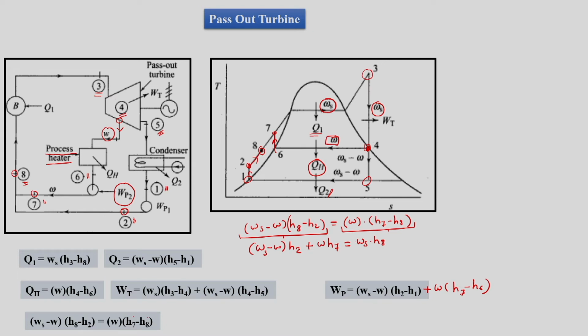After rearrangement this gives the same equation as what we are writing over here. So, this is the energy balance to obtain state 8, which will be helpful to find Q in. Q in is equal to Ws into H3 minus H8. This is the basic formula for the pass out turbine.